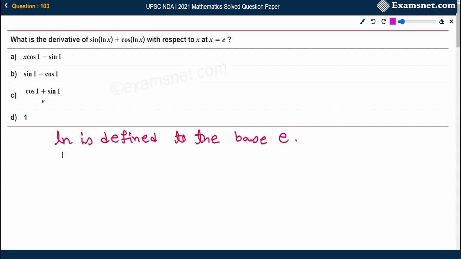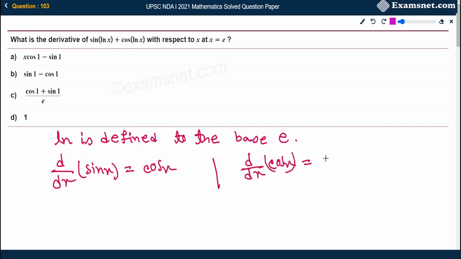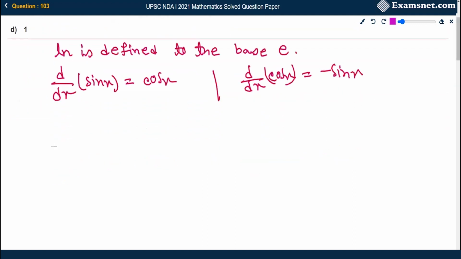Next, what is the derivative of sine x? We get cos x. Next, d/dx of cos x gives minus sine x. And the derivative of ln x or log x is 1 by x.